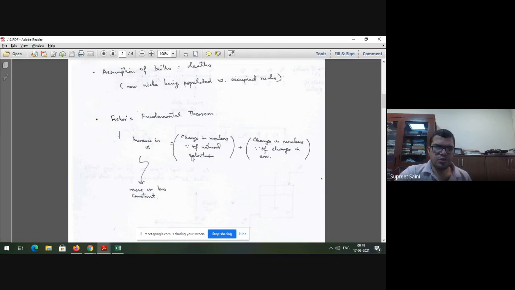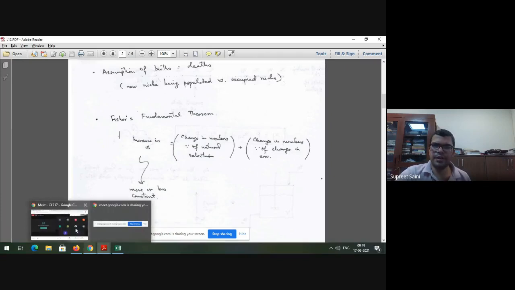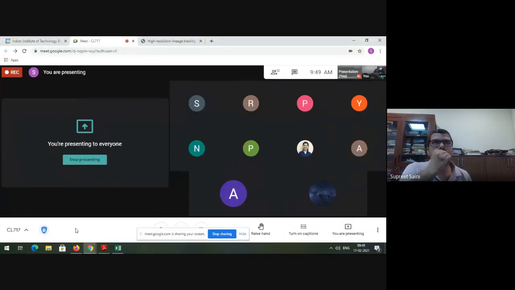So Fisher says that natural selection is making organisms fitter, right? So he's basically putting two and two together, just saying that natural selection is making organisms fitter, which means the organisms are getting increasingly well adapted to survive and procreate in this environment that they are in.